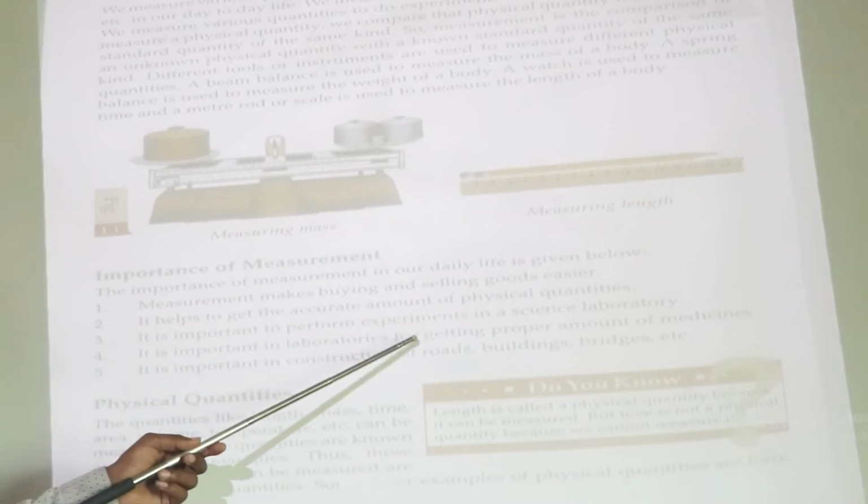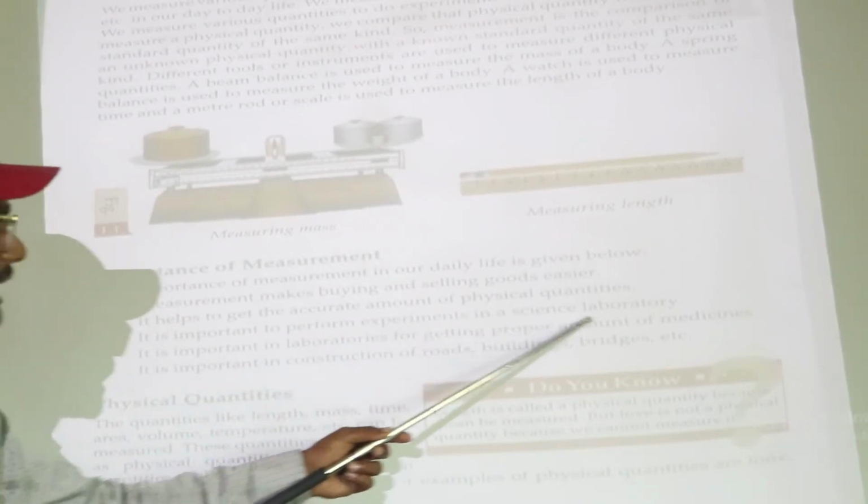When we go to the shop, we get the accurate amount of sugar, soap or other things. Measurement is also important to perform any experiment in a science laboratory, and for getting the proper amount of medicine.